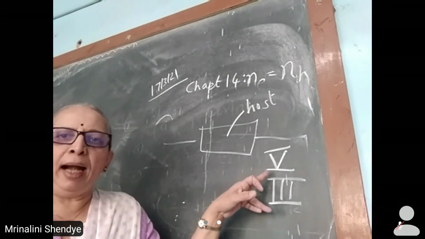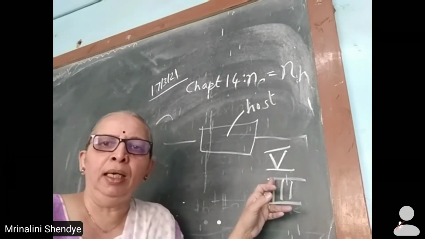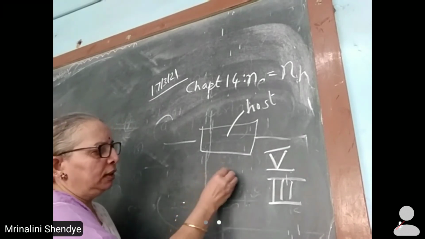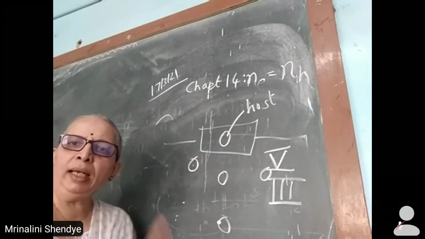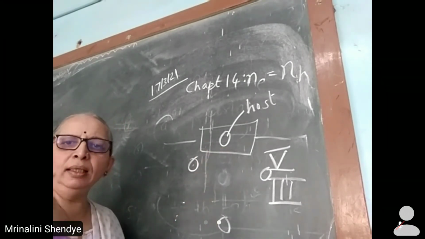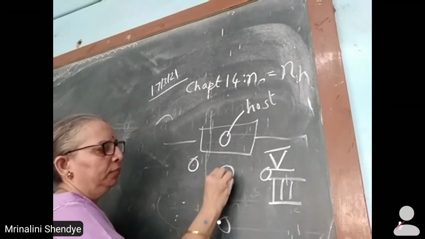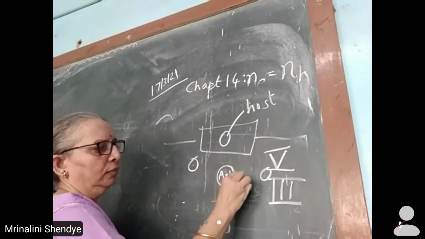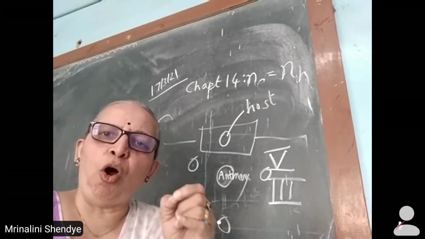When you add a fifth group element like phosphorus, antimony, what happens? In pure silicon, one impurity atom replaces one silicon atom. Suppose antimony. These impurities added are very small in amount.